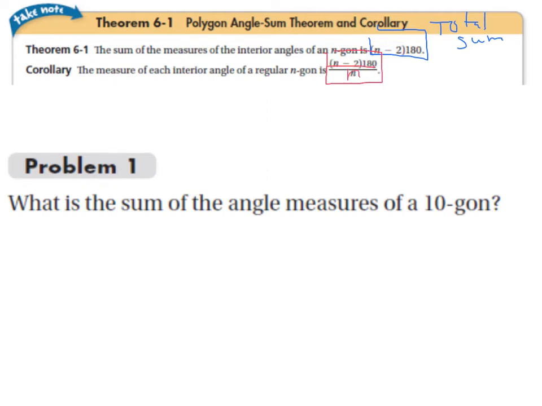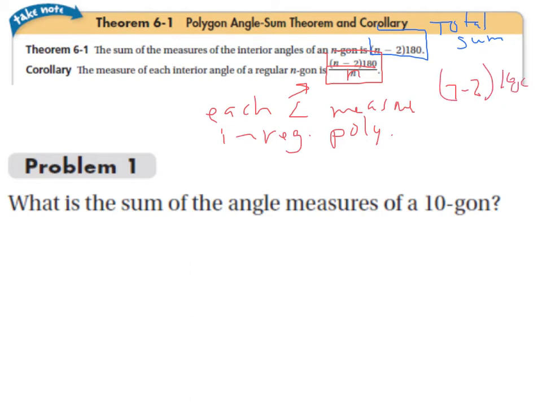That's when I'm looking for each angle measure in a regular polygon. So if I had a regular heptagon, and I wanted to know what each angle is equal to, I would do 7 minus 2, times that by 180, and then divide by 7. That would give me each angle in the regular heptagon.